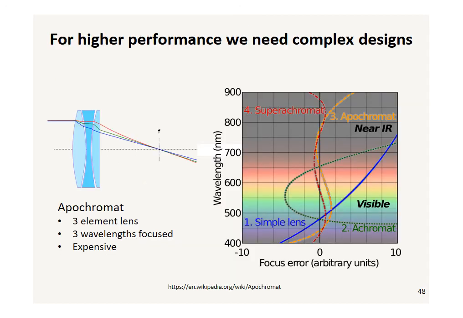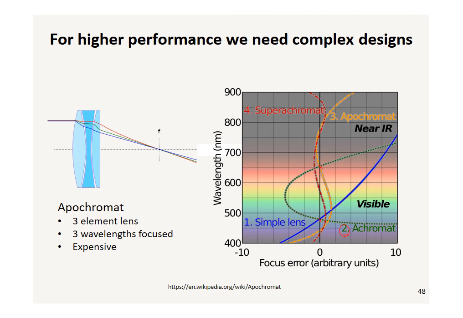Now there still is a residual chromatism because, as you can see in situation 2, we've made the achromat and we've managed to eliminate focusing error of the blue light and the red light here, but we still have, for all the other wavelengths in between, quite a considerable focusing error.